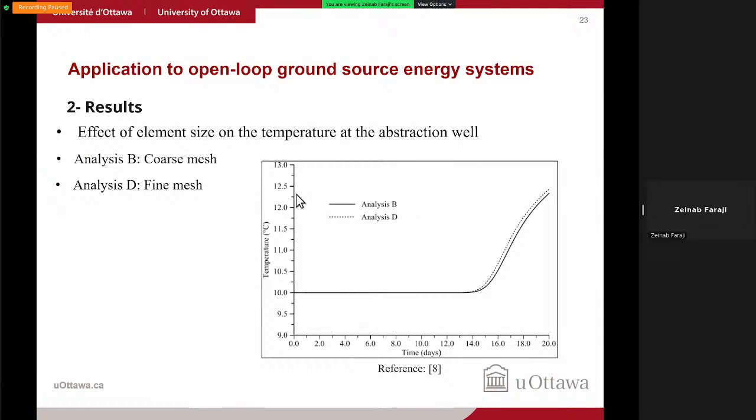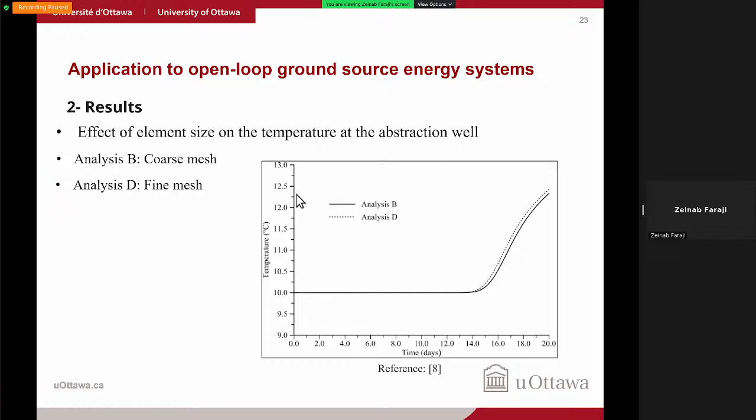In this case, we compare the effect of element size on the temperature at the abstraction well. We're comparing analyses B and D, where B is the coarse mesh and D is the fine mesh, and the rest of the properties are the same. I mean, the element types and the time steps are the same. The only thing that's different in the two analyses is the element size.